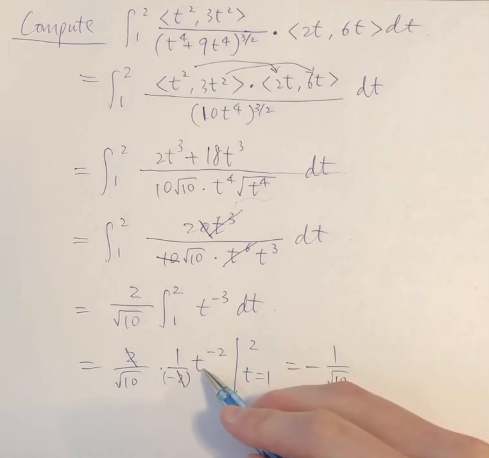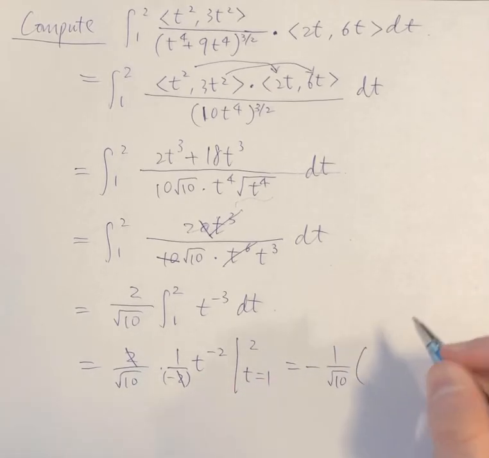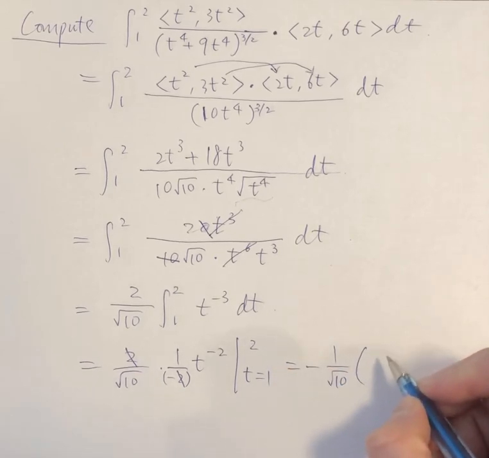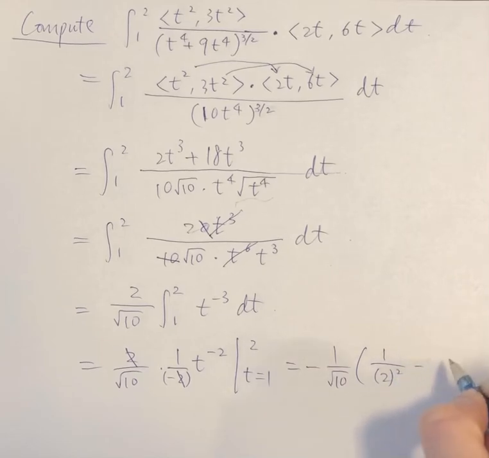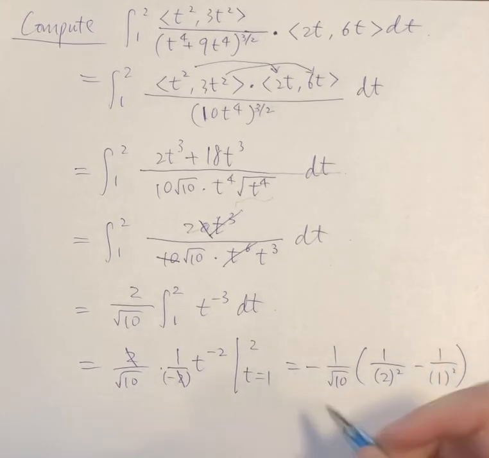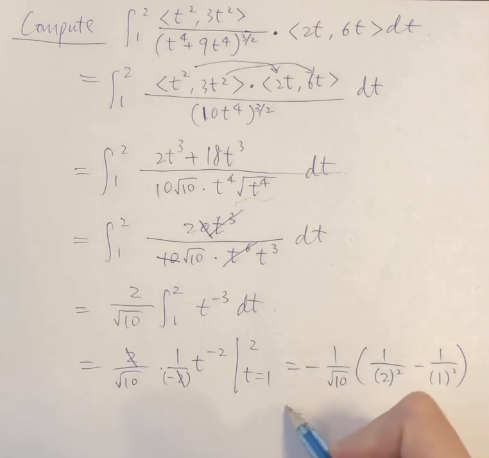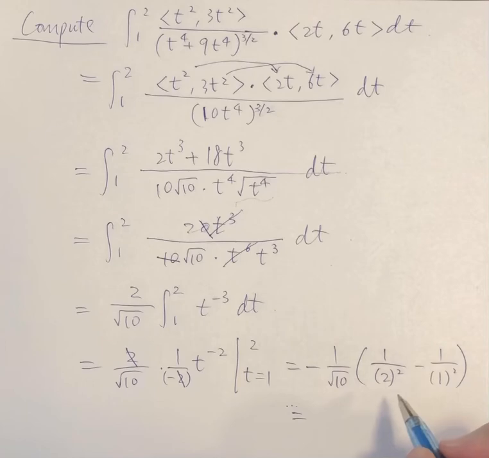And this step I'm going to write as 1 over 2 squared minus 1 over 1 squared. That should give us the final answer. You should still do one more step, but at this point it's very believable that the final answer will be 3 square root of 10 over 40.